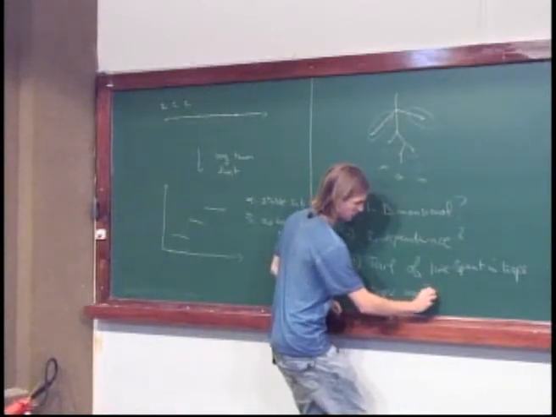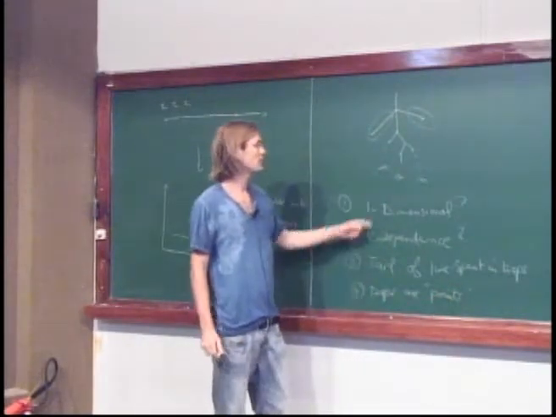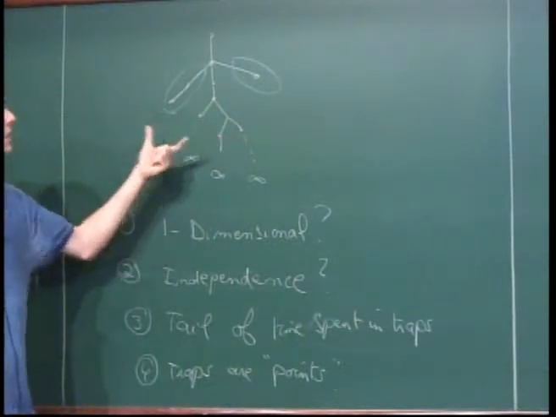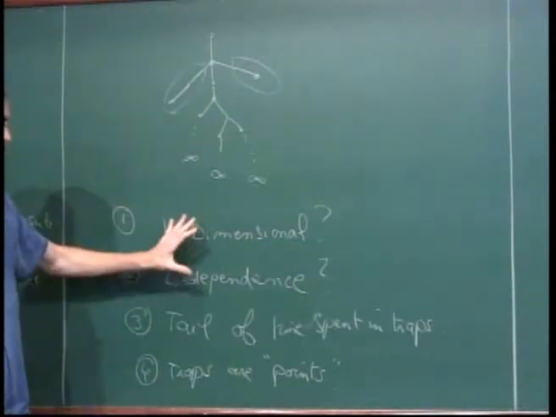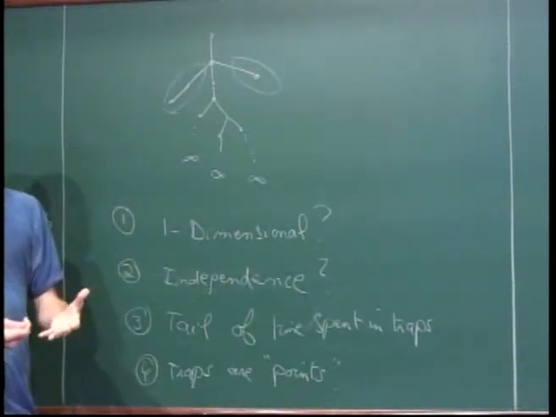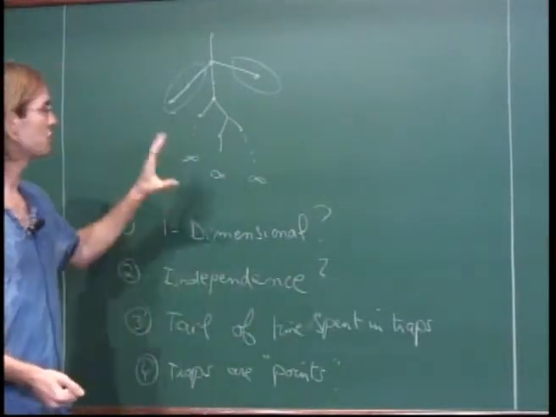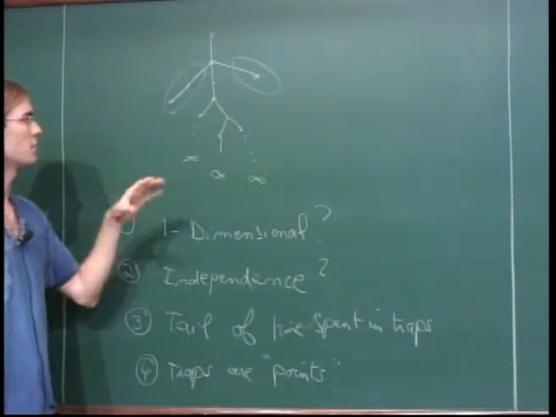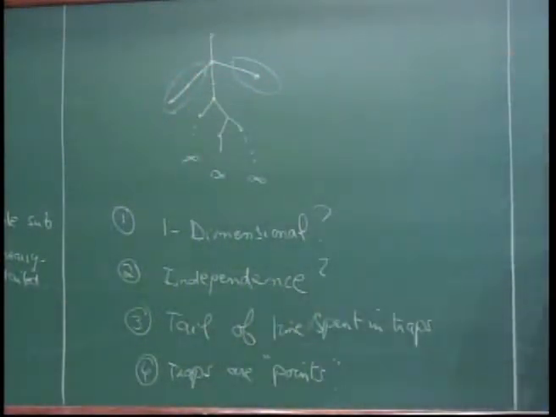Traps are, in some sense, points. So those are essentially the hypotheses we would need to justify in order to say that this model behaves like a directed one-dimensional Bouchaud trap model. So I'll try to explain all this, which will lead you to believe that actually the long-term behavior of this model should be like the Bouchaud trap model. And actually it turns out that in this specific model, there's a slight tweak due to some lattice effect that makes some strange result appear. And I'll try to elaborate on that later in the talk.